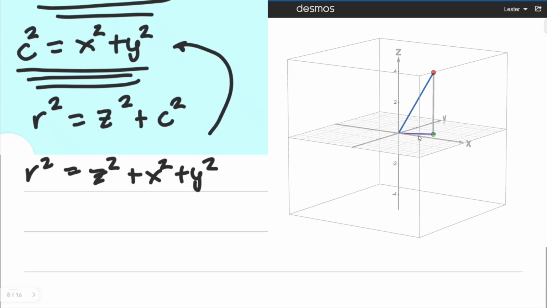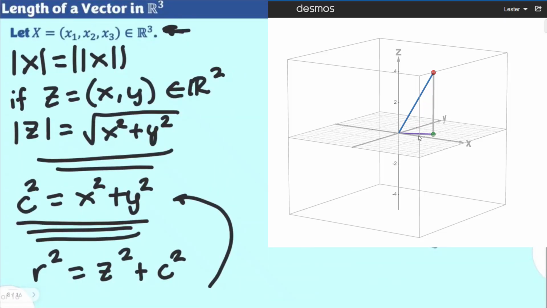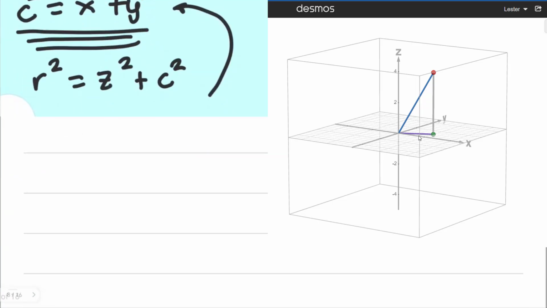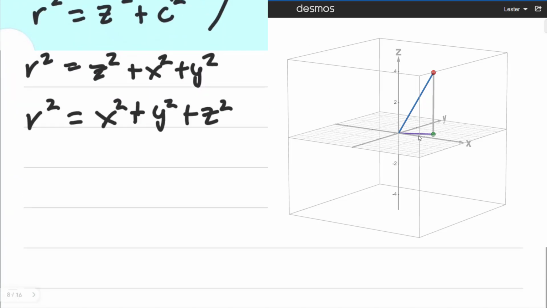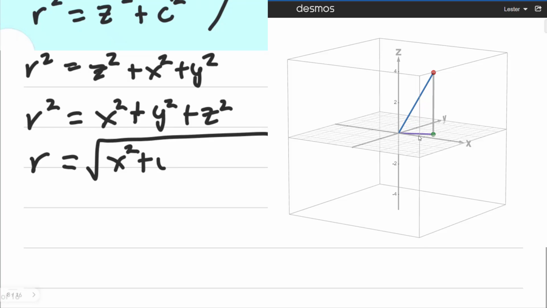This would mean, just simply arranging them, this is equivalent to x squared plus y squared plus z squared. And r squared here, as we have denoted earlier, is actually the length of vector x. So we can denote here that we take the square root of that, the square root of x squared plus y squared plus z squared. Our r corresponds to the vector x.